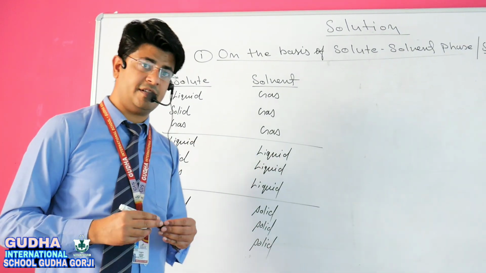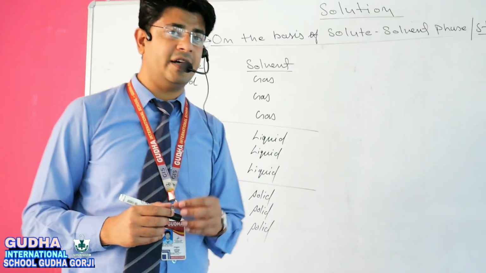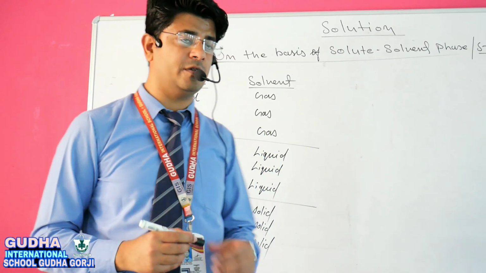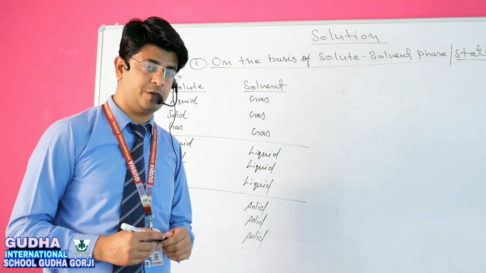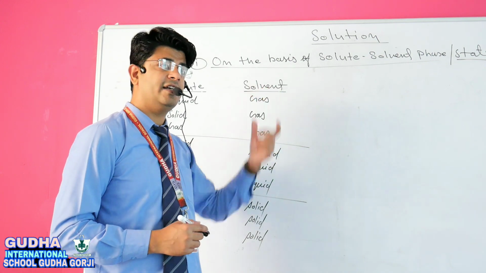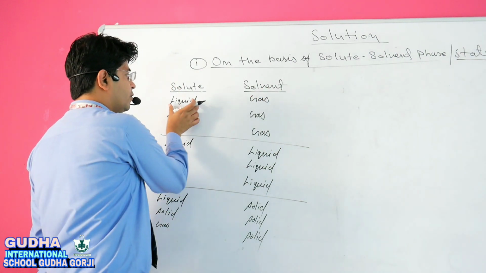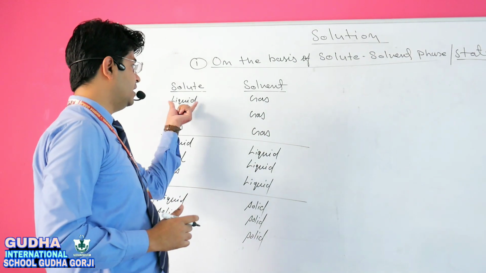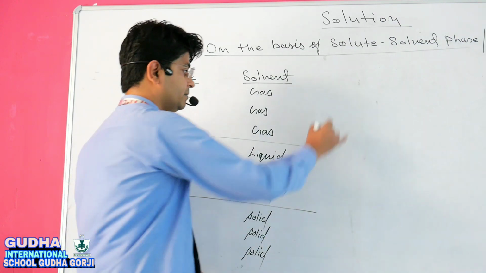Before proceeding with this topic further, let me clear one thing. The component which is present in the lesser amount is termed as solute, while the component of the solution which is present in the larger amount is known as solvent. So, what if liquid is present in the gas?